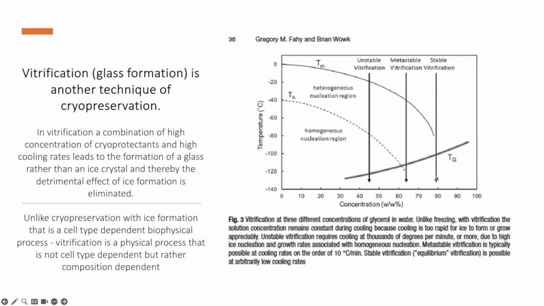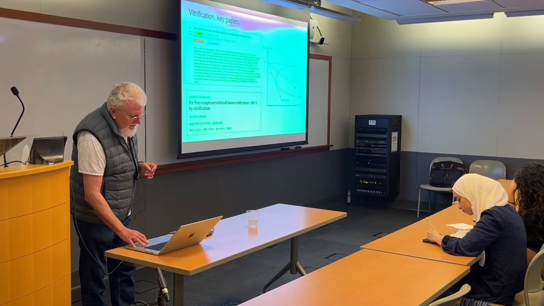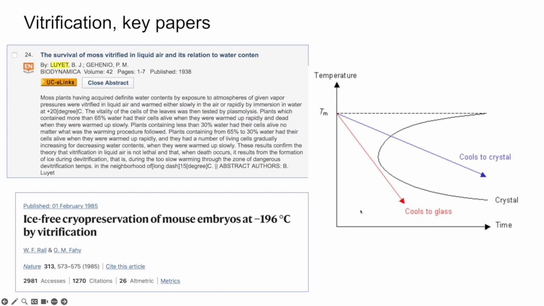Now, vitrification is a function of only the composition. It is not a function of the cell type. And I'll show you shortly, this is an important observation. So this is a typical curve. It shows you that for different cooling rates and compositions, there is a path in time that will cause vitrification.